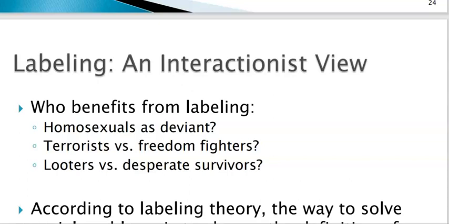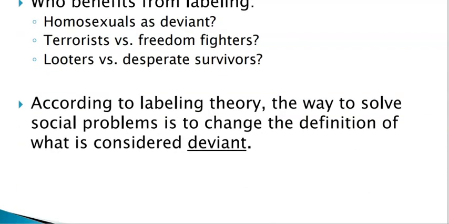So who benefits if we label people who are in same-sex partnerships as deviant, which is going on a lot in conservative media? If we label some people as freedom fighters and others as terrorists, or we label some people who are looters versus desperate survivors, what happens with that labeling?